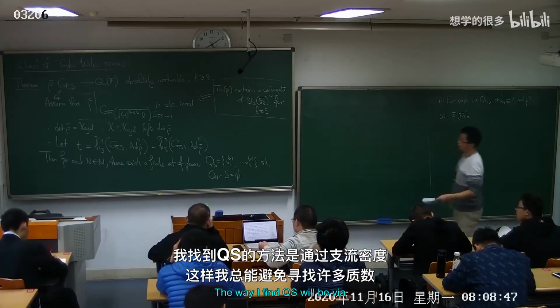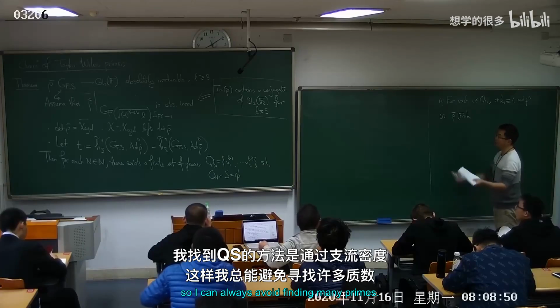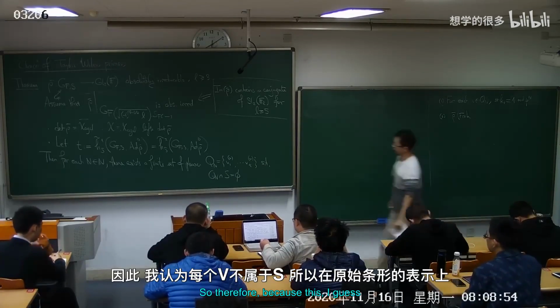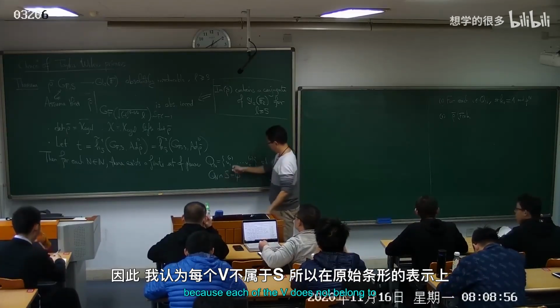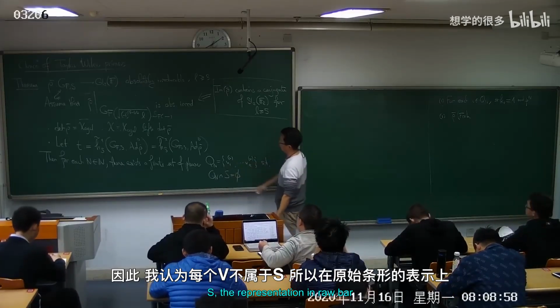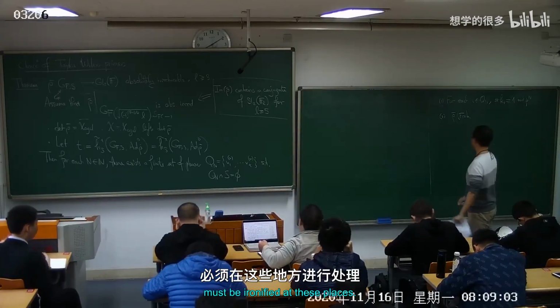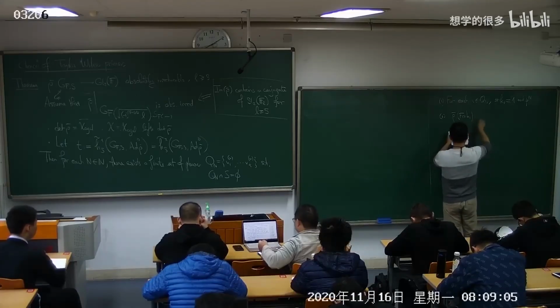The way I find Qn will be via Chebotarev density, so I can always avoid finding many primes. Because each v does not belong to S, the representation rho bar must be unramified at these places. So I can talk about the Frobenius.